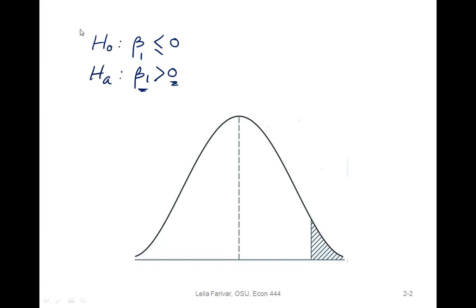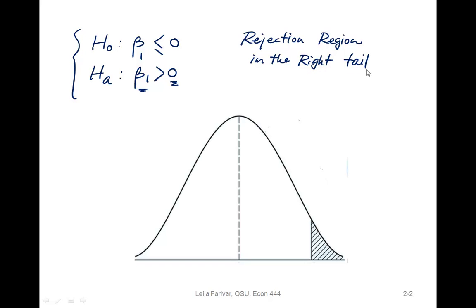For a right tail test, the rejection region is in the right tail.